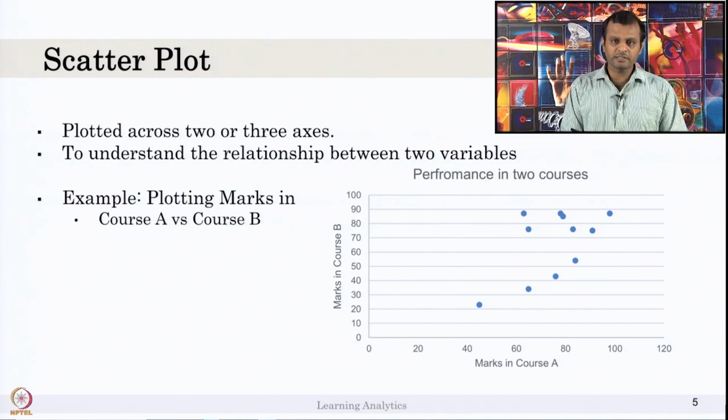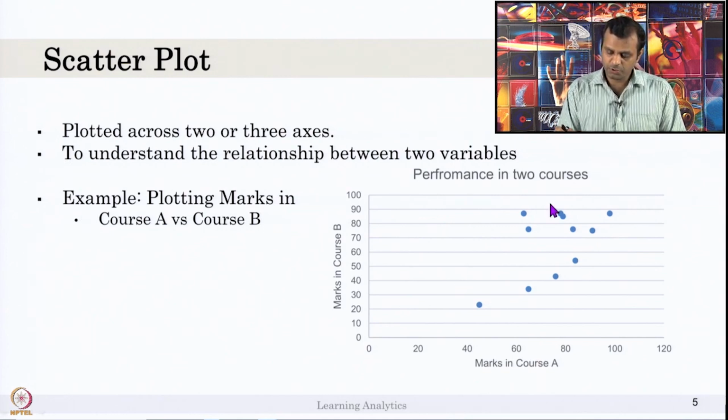I am plotting the marks of course A and course B, that is subject A and subject B, in a scatter plot. Here I am obviously not using all the 60 students' data, because that will not lead to a good figure. So, I removed most of the data and kept only 15 data points.